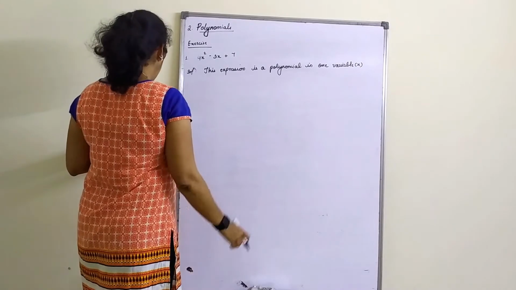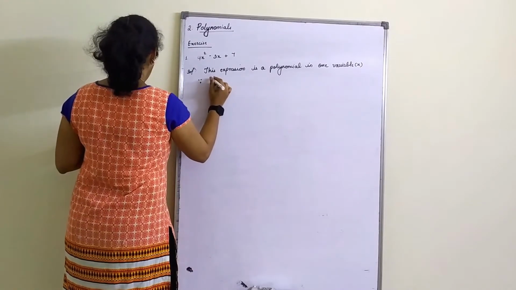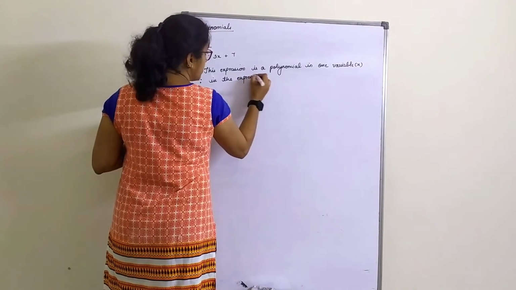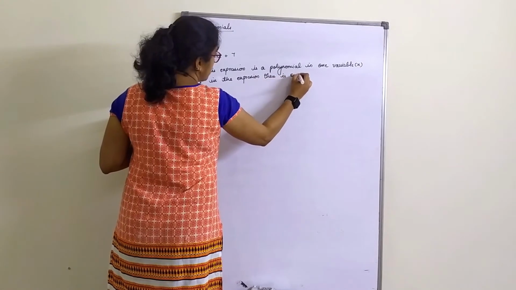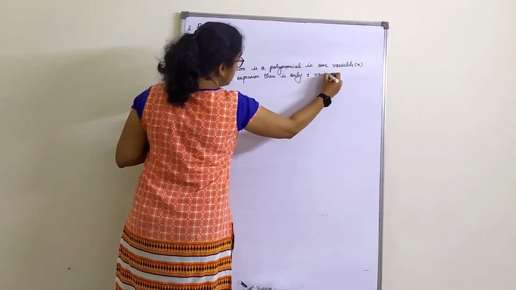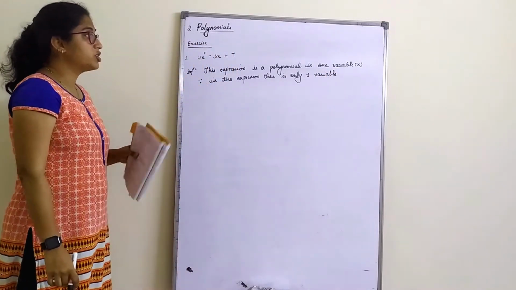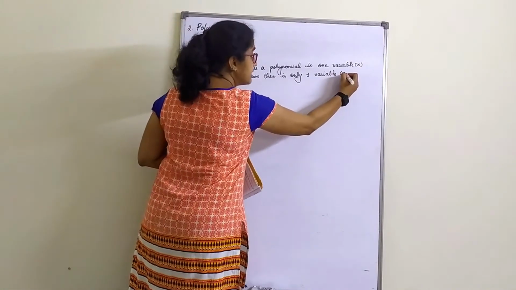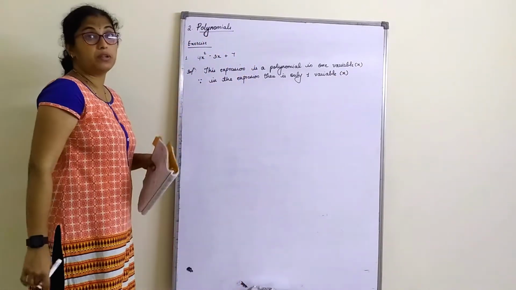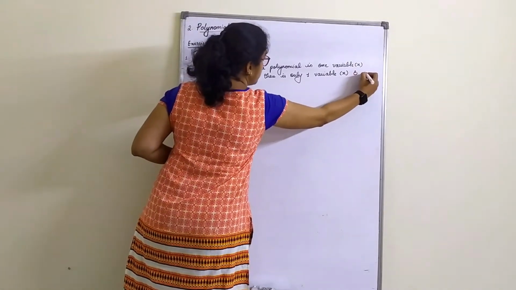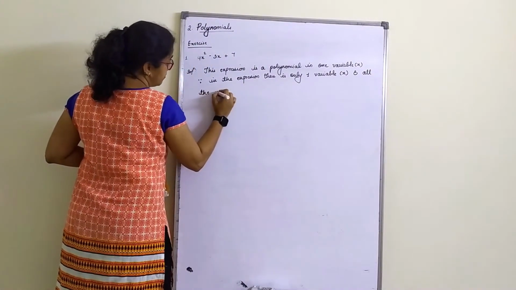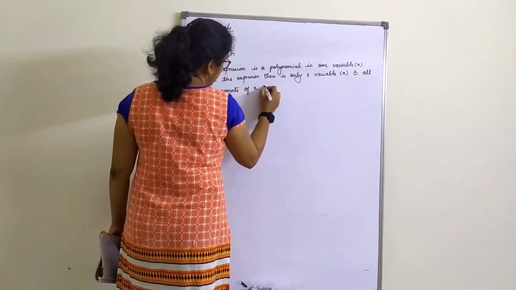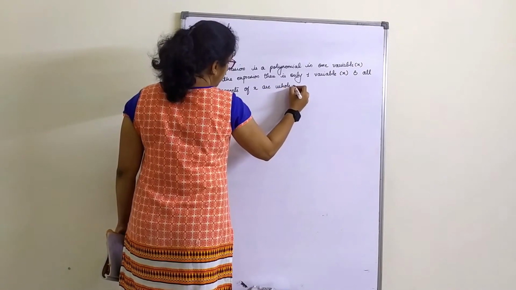This expression is a polynomial in one variable x because in the expression there is only one variable, that is x, and we also have to mention the exponent part: all the exponents of x are whole numbers.